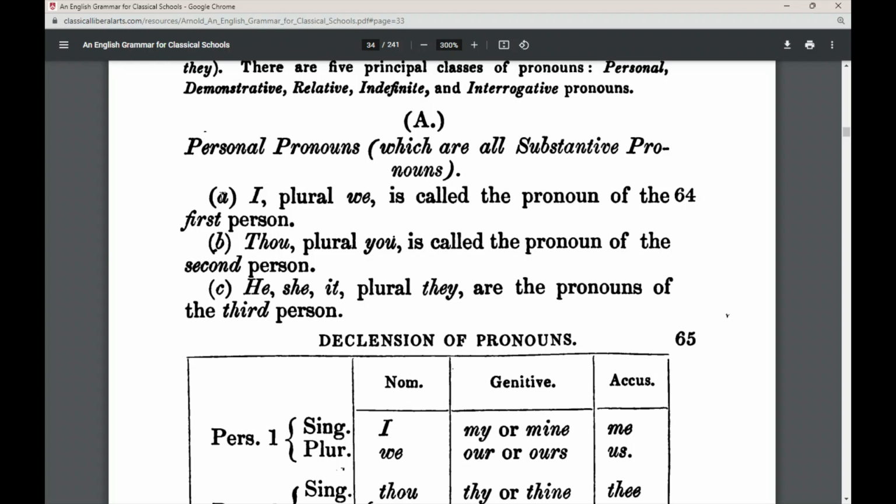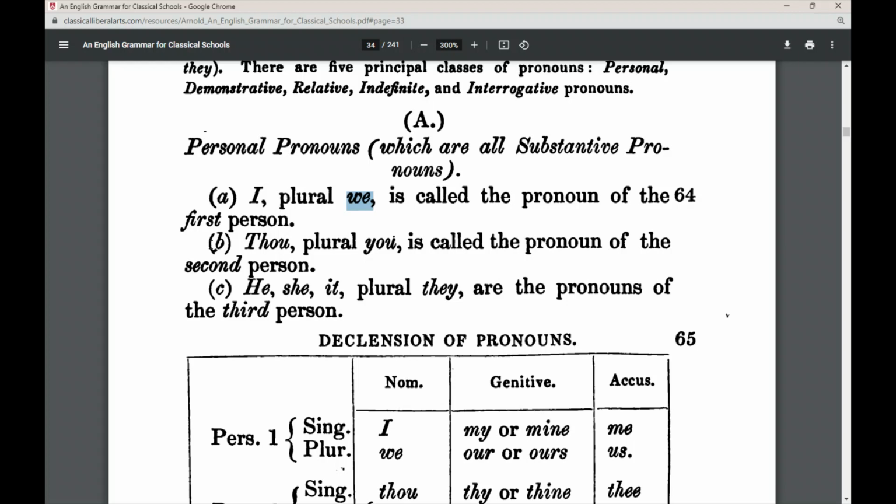We can see here on letter A, we have the pronoun I, and it tells us that the plural form of I is we. The pronoun I, or we, is called the pronoun of the first person. It's the first personal pronoun, I, we in the plural.